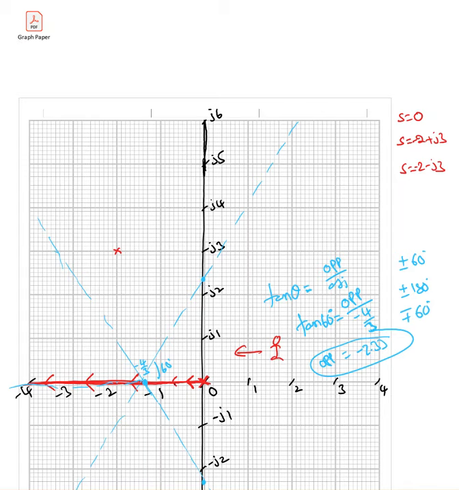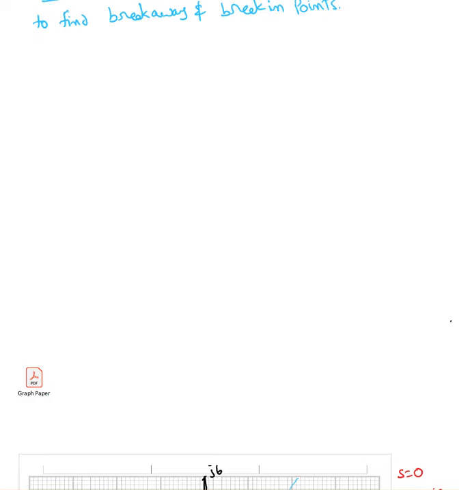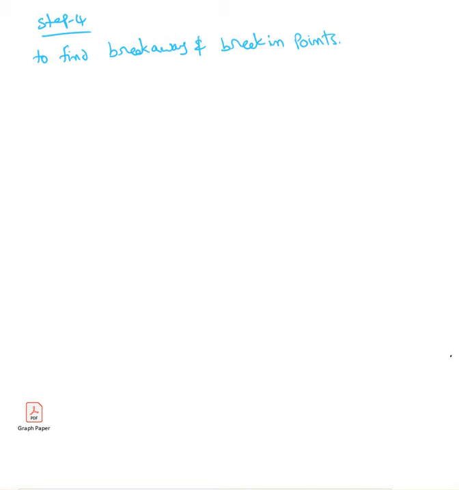In this system, it may not break away, but it's a good idea to find that value anyway. To find the breakaway or break-in points, we need to have a closed loop system. So closed loop system, y by u equal to g of s over 1 plus g of s.